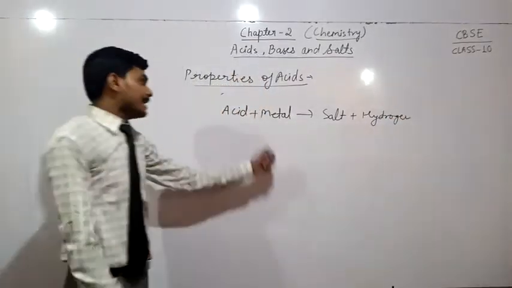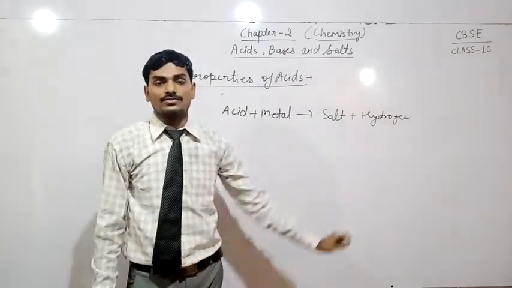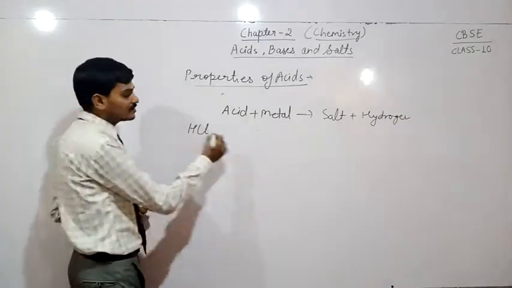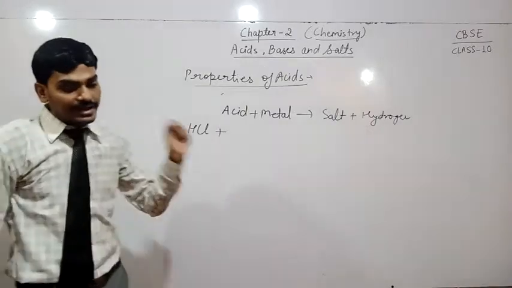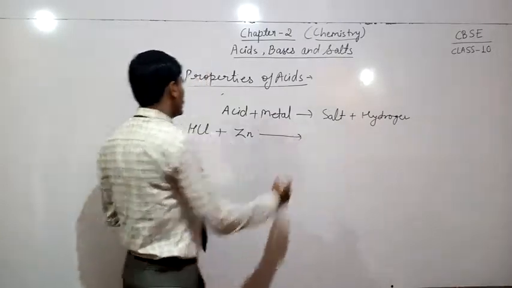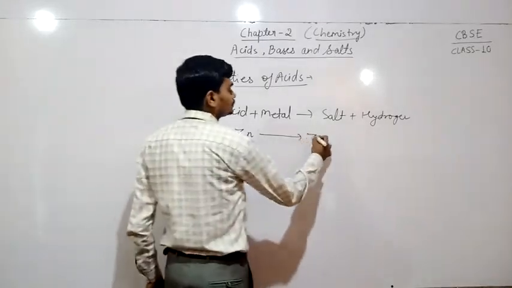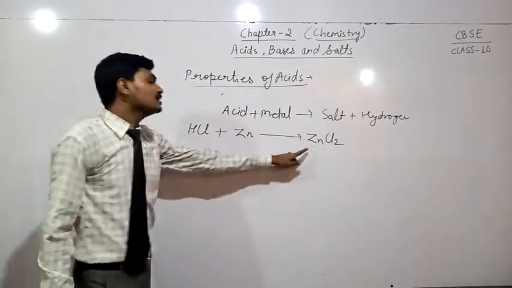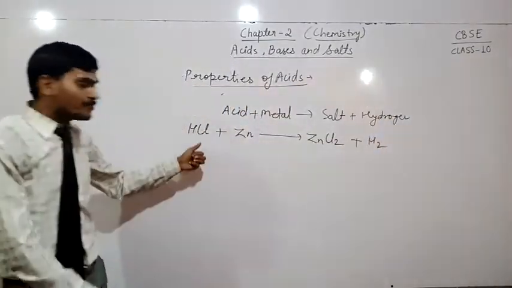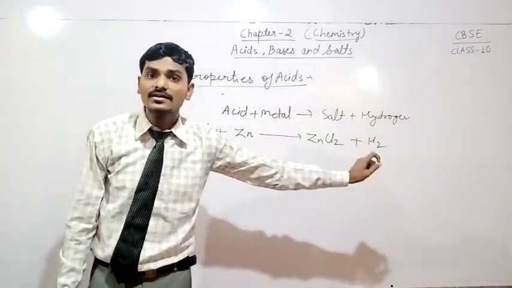For example, if we react hydrochloric acid with Zn, then we get ZnCl2, that is zinc chloride, and hydrogen gas.